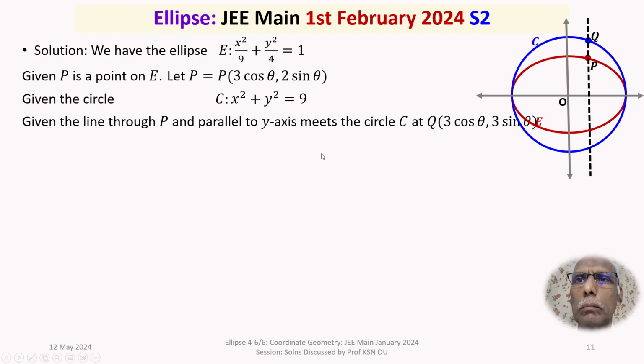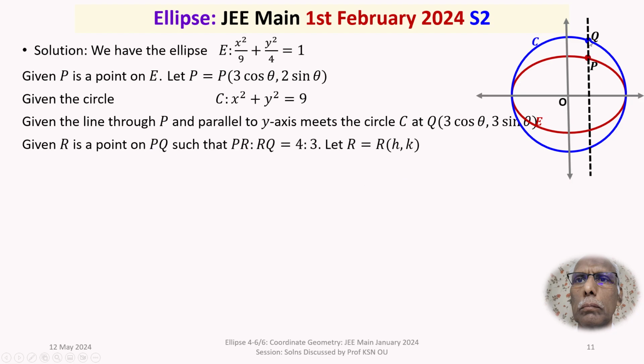We are also given R is a point on PQ, the line joining PQ, such that PR to RQ is 4:3. That means R divides PQ internally in the ratio 4:3. Let us take the coordinates of R be h comma k. The coordinates of P are known, the coordinates of Q are known, and the ratio 4:3 is known.